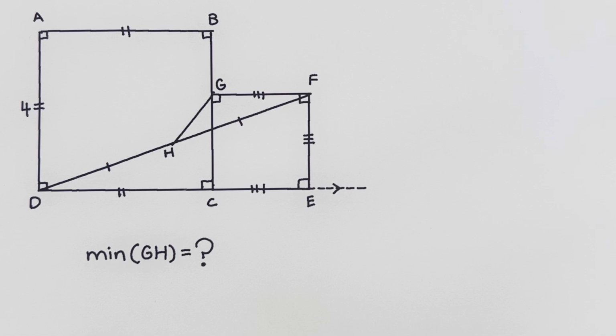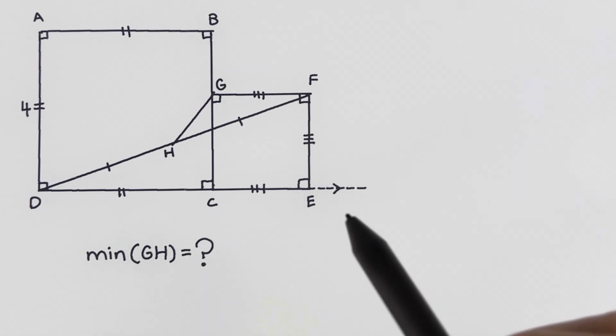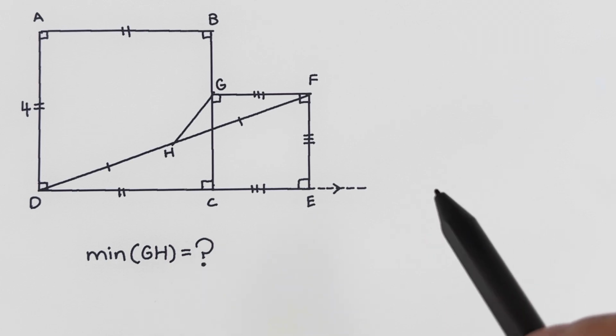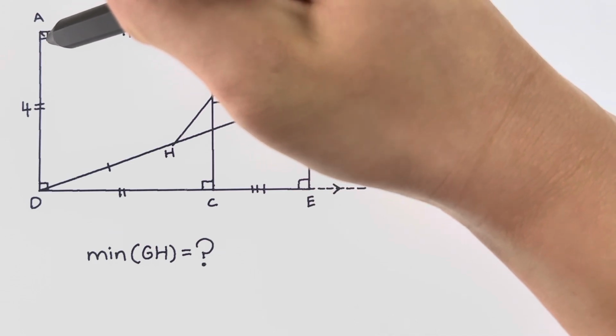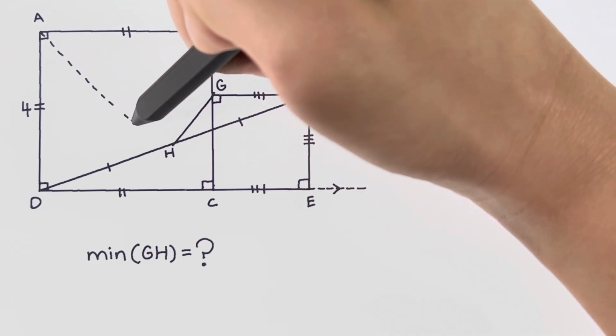But before we do that, we are given that ABCD is a square. And squares have a special property that their diagonals split the square into two isosceles right triangles. And then, after drawing the diagonal, we could then construct the midsegment. So, we just connect AC.